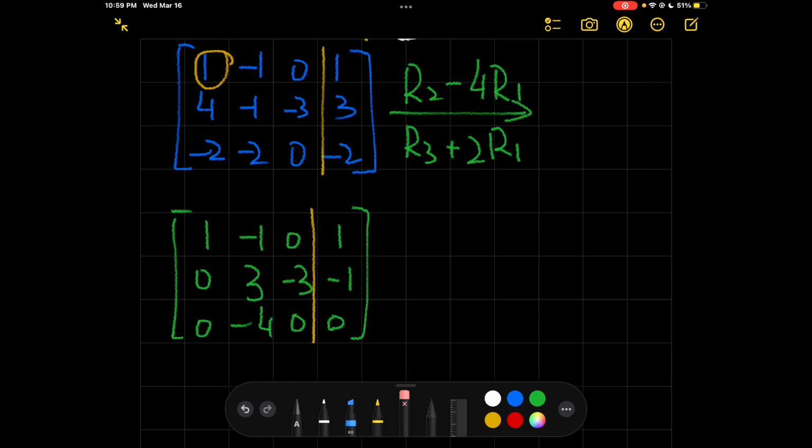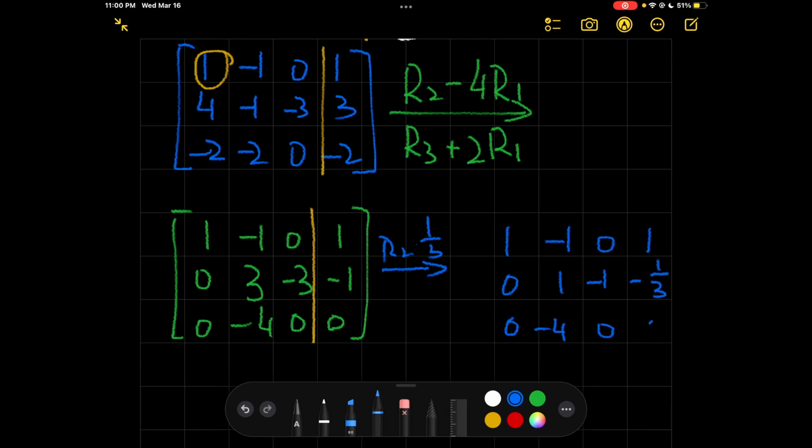Now we need to find another leading one, which is the second row. What we can do is row 2 times 1/3. We have 1, negative 1, 0, 1, 0, 1, negative 1, and negative 1 over 3, 0, negative 4, 0, 0.